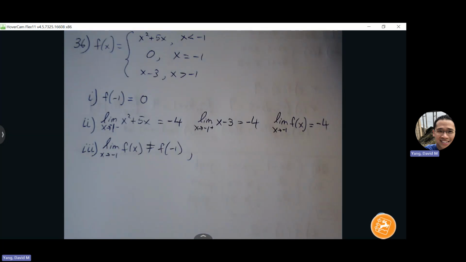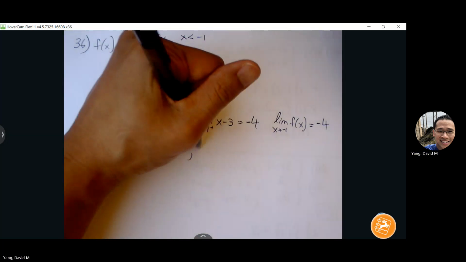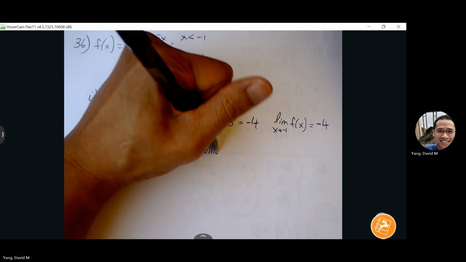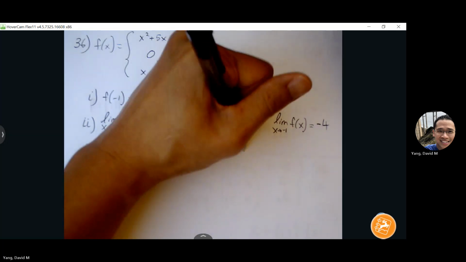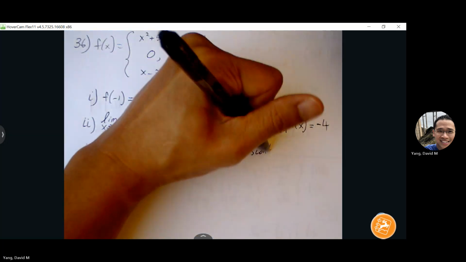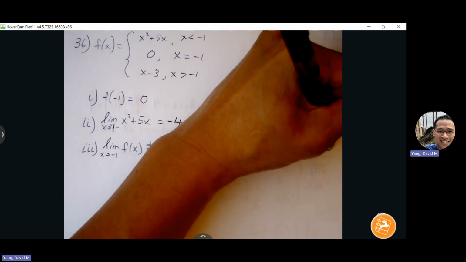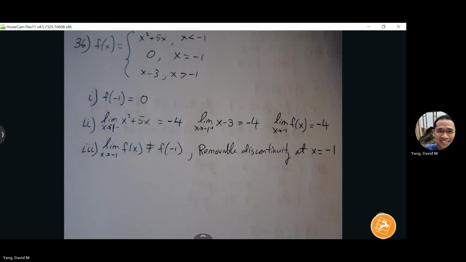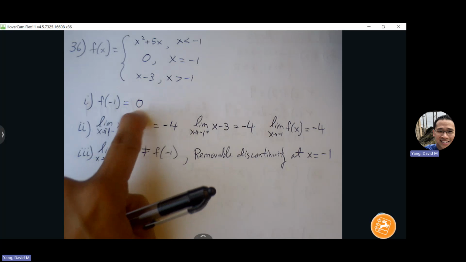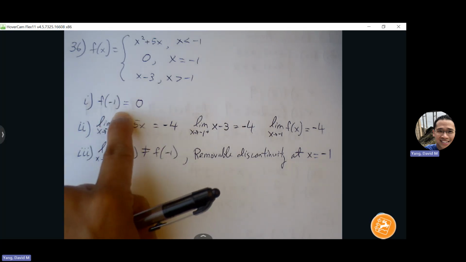All right, therefore, what type of category can we give this? Removable discontinuity at x equals -1. And the final direction it asks is to define f of c so that the function is continuous at x equals c. How can I redefine f of -1 so that the hole is filled in?